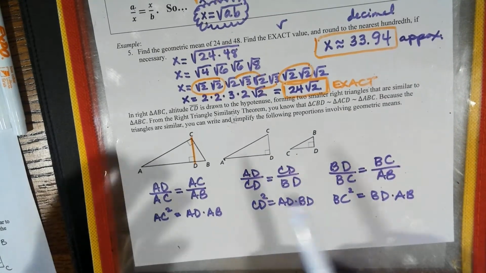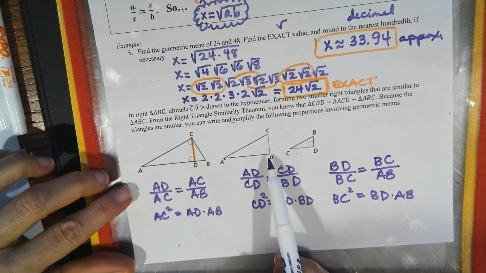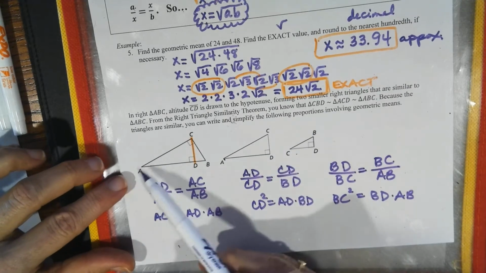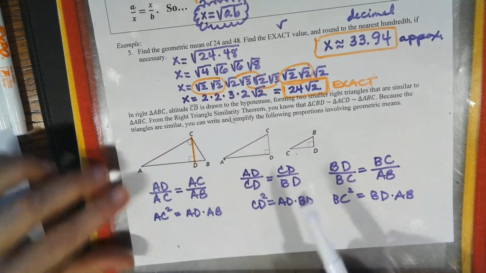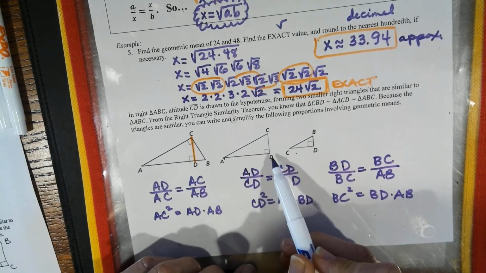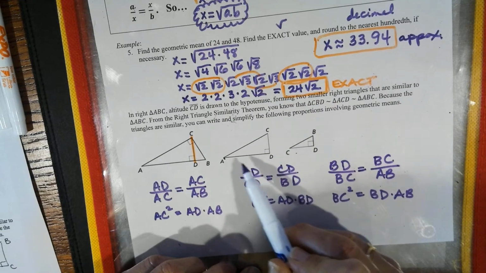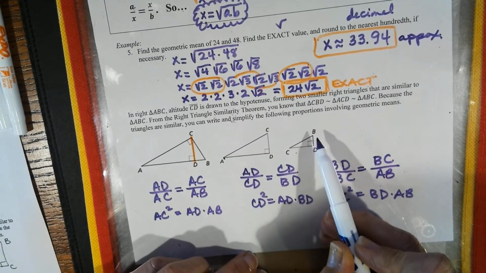So for each one of these, AD over AC is like the bottom over the hypotenuse equals AC over the hypotenuse, AB. Here, AD over CD is the bottom over the long leg, equals the long leg over the short leg.